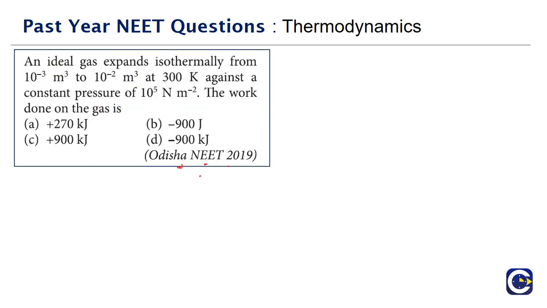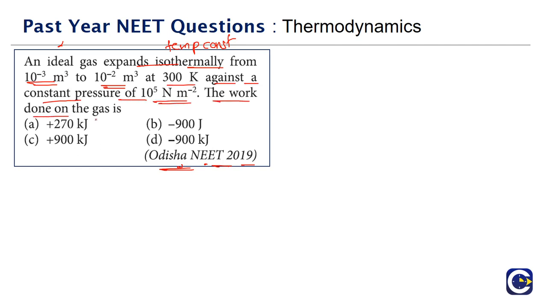Next we have a question that came in the Odisha paper NEET 2019. An ideal gas expands isothermally, meaning temperature is constant, from 10 power minus 3 meter cube to 10 power minus 2 meter cube at 300 Kelvin against a constant pressure of 10 power 5 Newton per meter square.